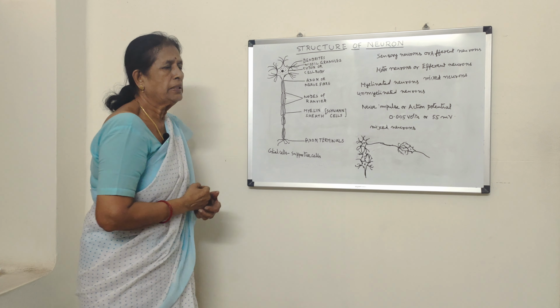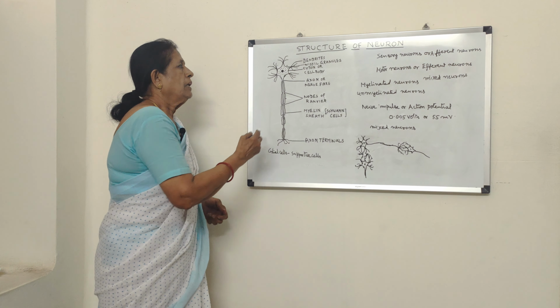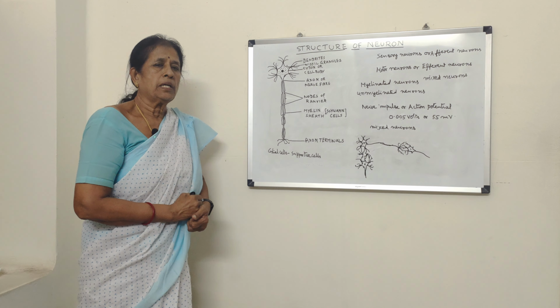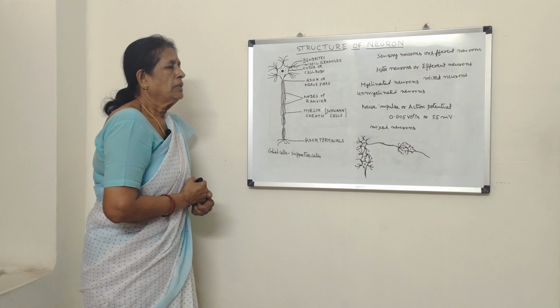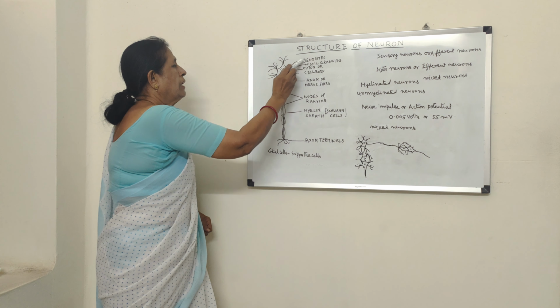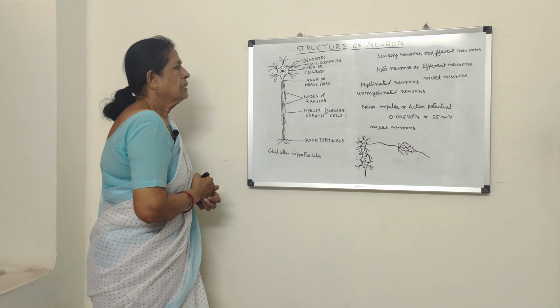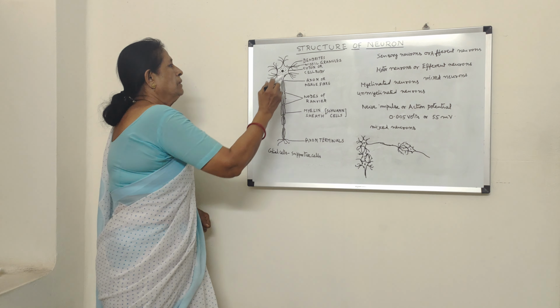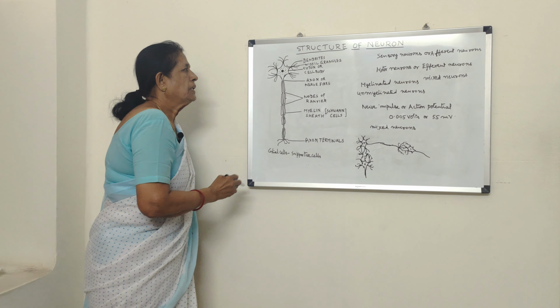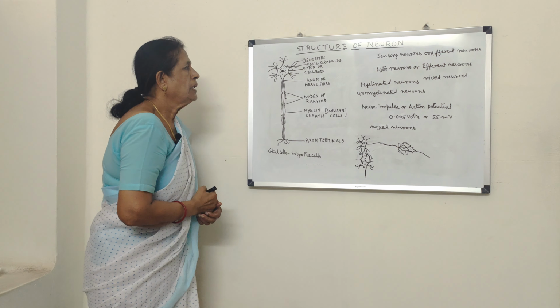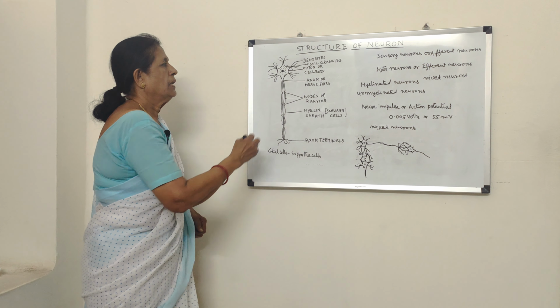Dendrites are short branched structures. They are always in contact with other neurons and they communicate with the cyton or cell body. So they carry impulses, that is information, from other neurons to the cyton or cell body.